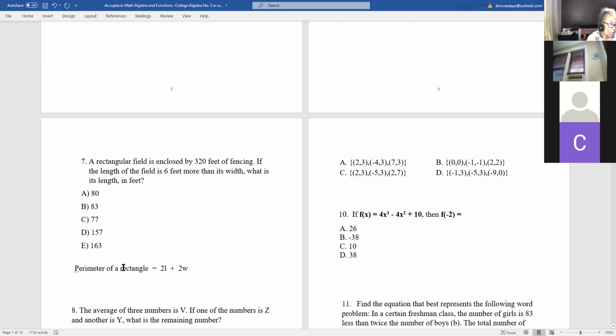That's your perimeter. Length is 6 more than the width. So length equals width plus 6. Because it said the length is 6 more than the width. That means you add 6 to the width and you get the length.